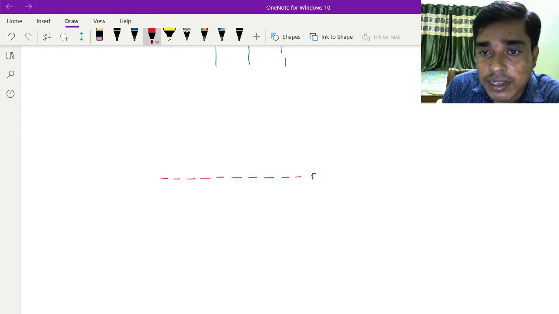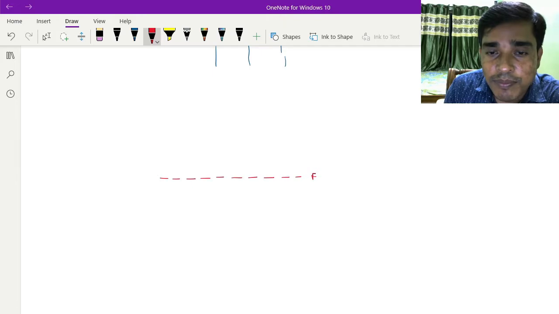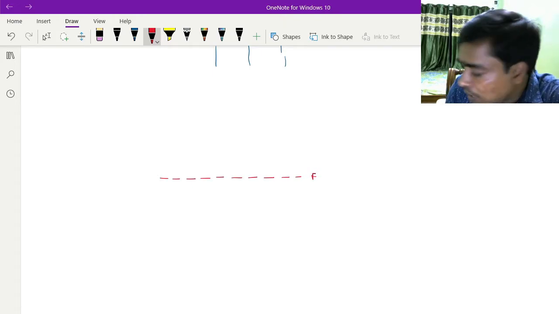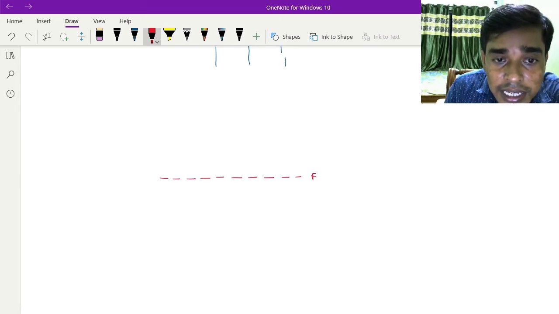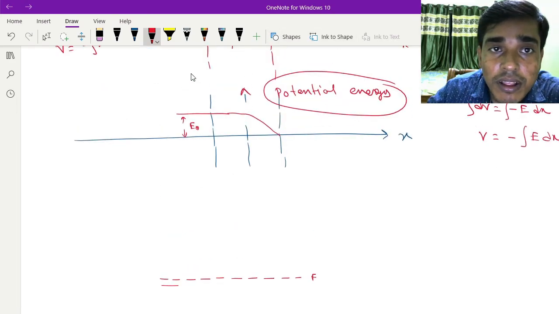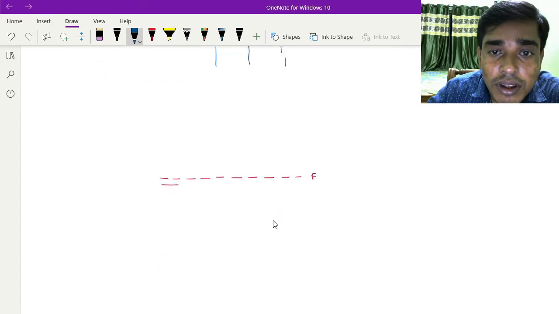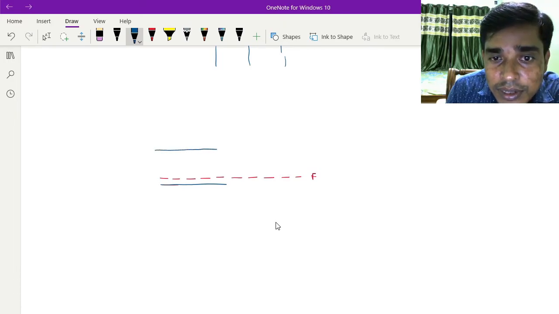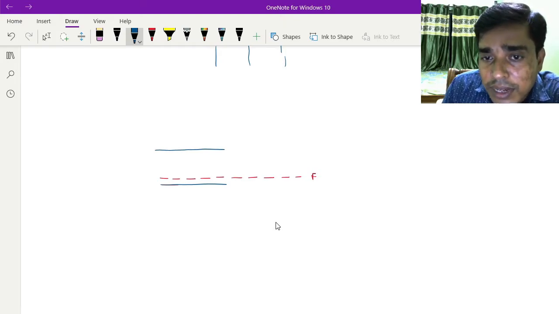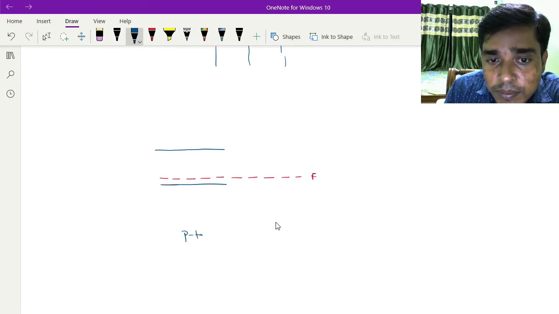For a p-type semiconductor, this is the valence band, and the valence band will be in this way and the conduction band in this way.